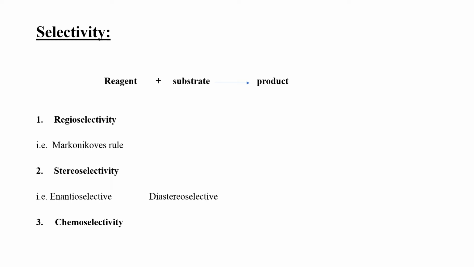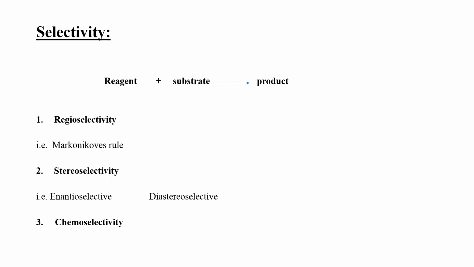First of all, I will discuss regioselectivity. For example, we have a reagent and it will react on a substrate and we will get the product. Now that reagent will react at a specific position of the substrate. That is called regioselectivity, meaning where the reagent will react.